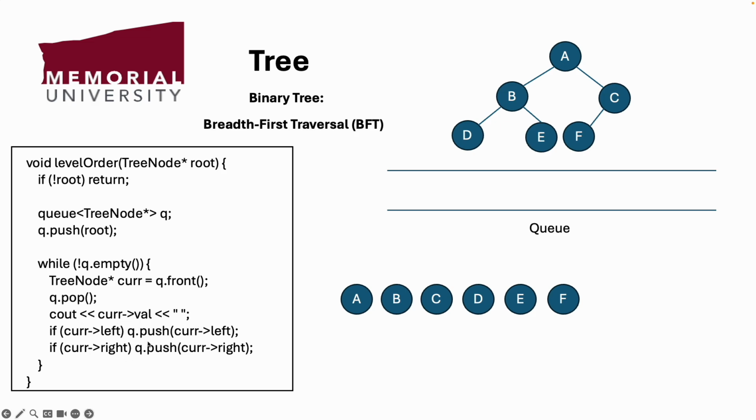So these two checks now apply to F. And now the Q is empty, so the while loop is complete. So now the breadth first traversal is complete. The order of node visits is A, B, C, D, E, F. This is level by level, and it is implemented by the Q.